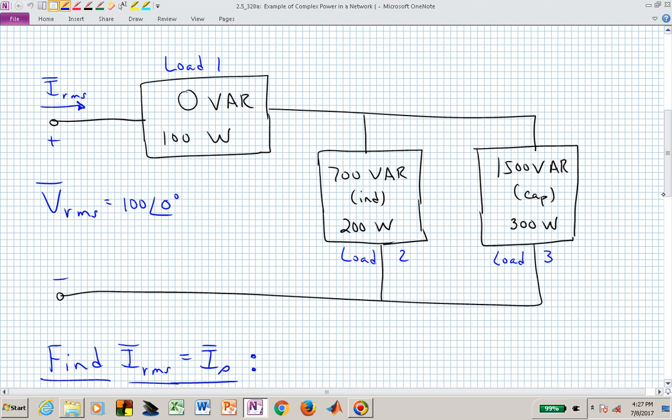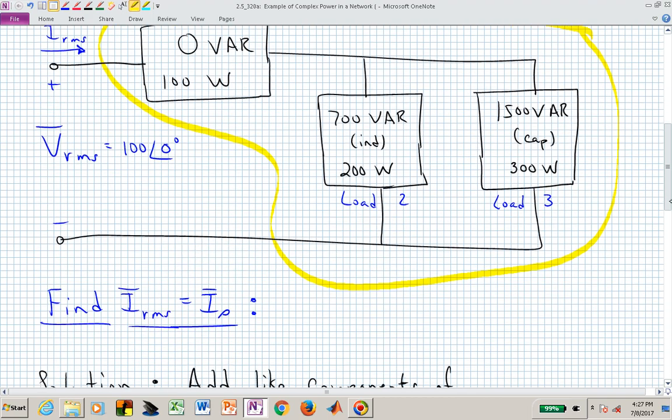The idea is we want to find what all of these loads look like in aggregate so that we can then find the current that's required at the voltage of 100 volts at 0 degrees to support those 3 loads.